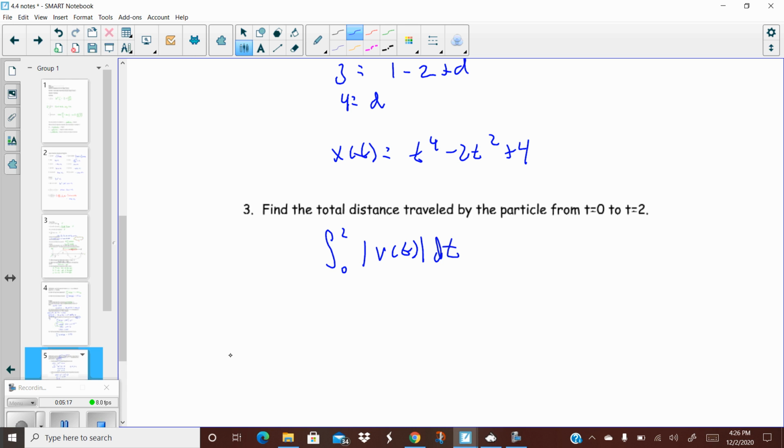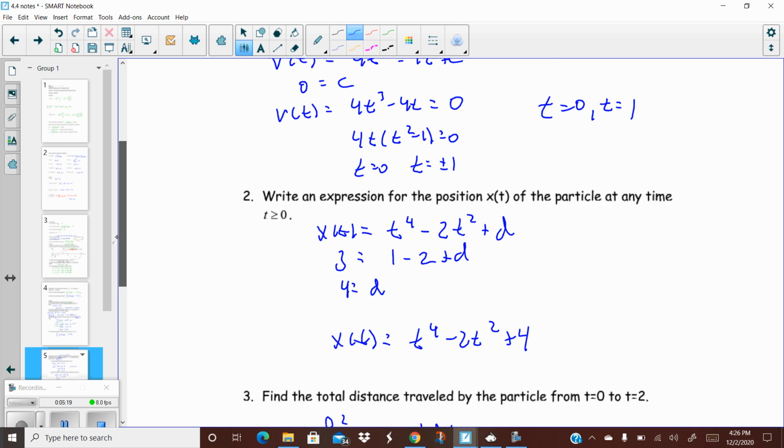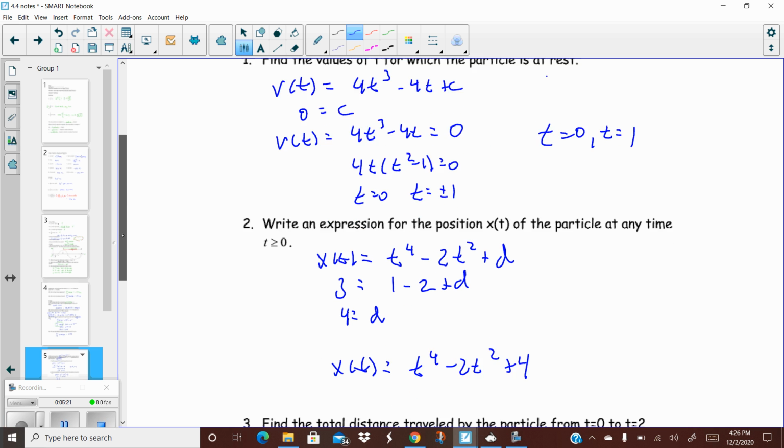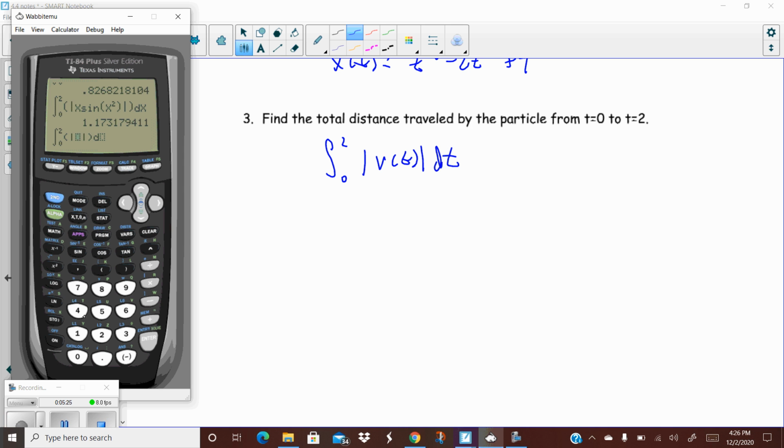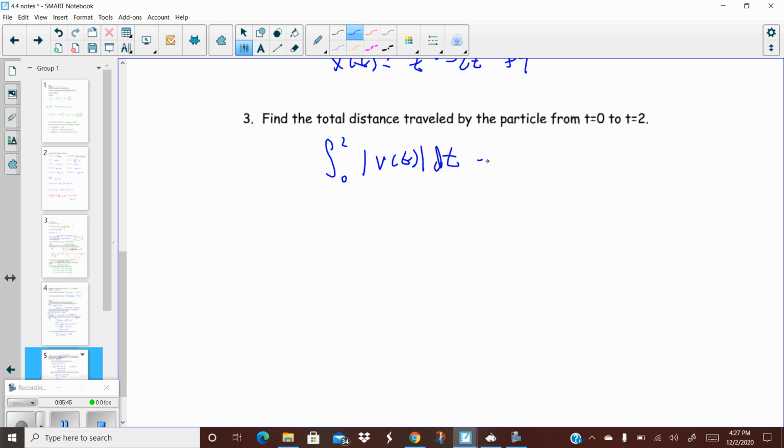I'm going to scroll back up there and see. 4t cubed minus 4t, dt. Remember, I'm just using x's in place of this. It doesn't really matter what the variable is. And 10. Wow. Came out to be a nice whole number.